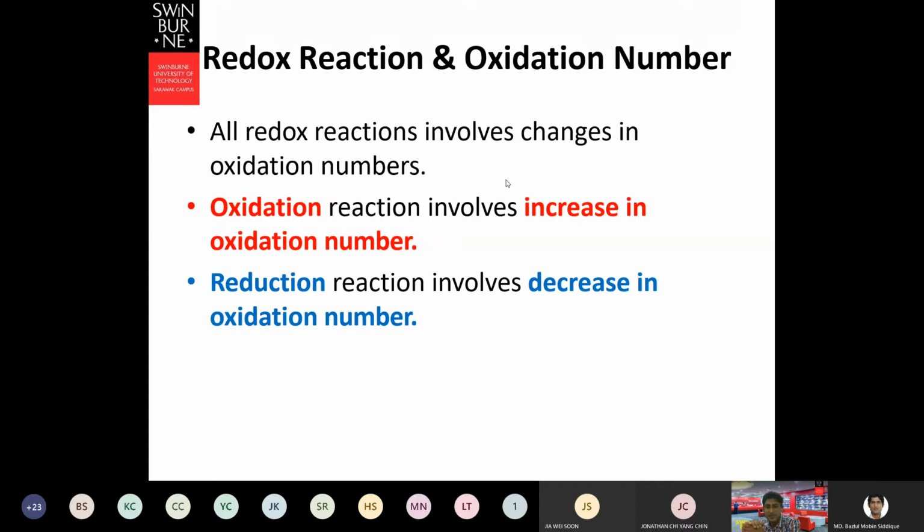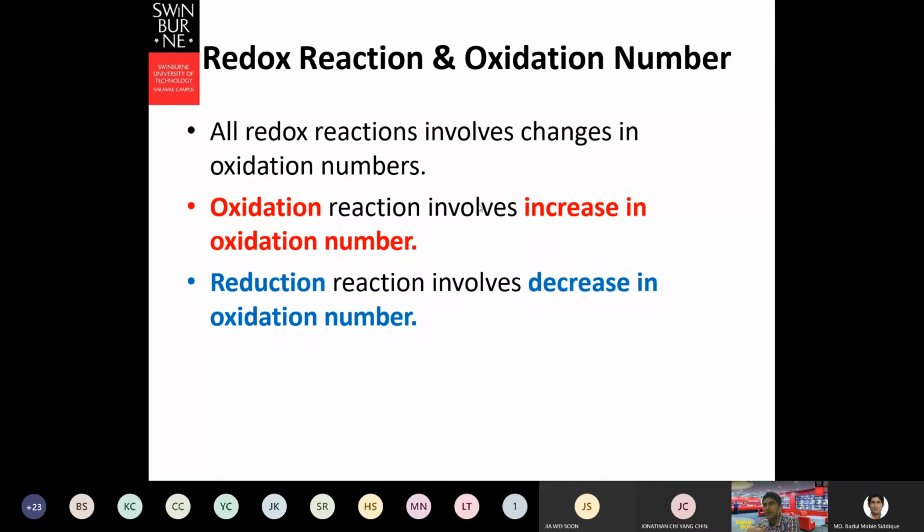That is why oxidation is happening. And reduction is the opposite: the chemical compound is taking or accepting electrons to become reduced, and that is what a reduction is.